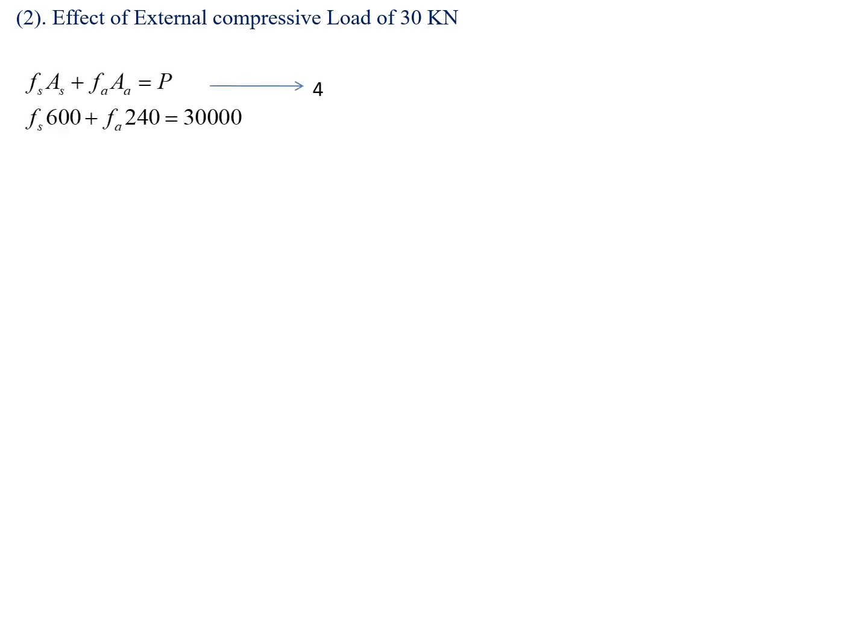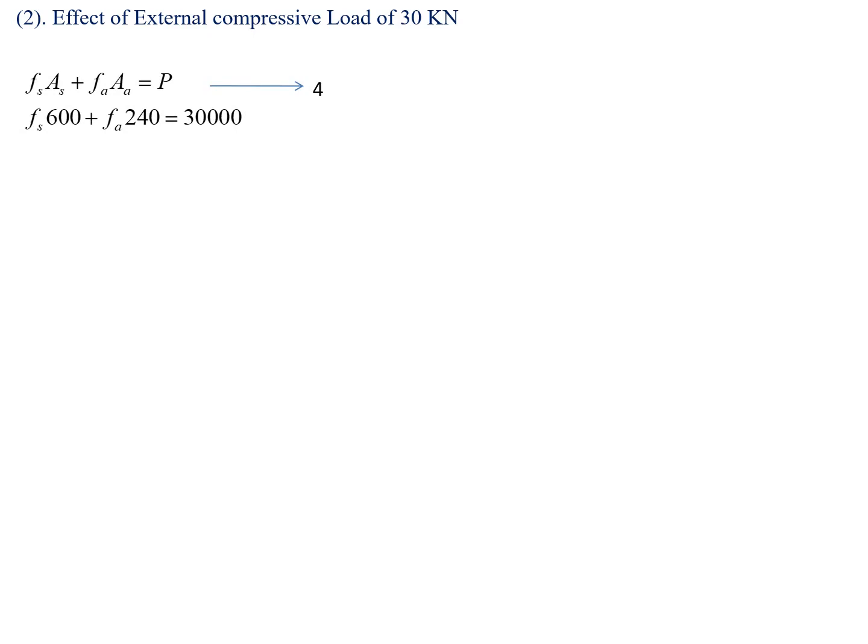So next you have to find the stresses due to the applied compressive load of 30 kilonewtons at the final temperature. This is the composite bar with the load applied, and we know that the total load should be equal to the load on the aluminum bar plus the load on the steel bar.